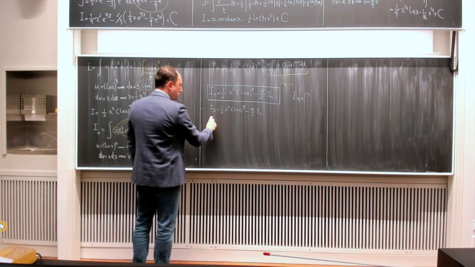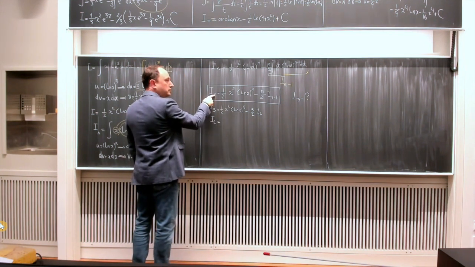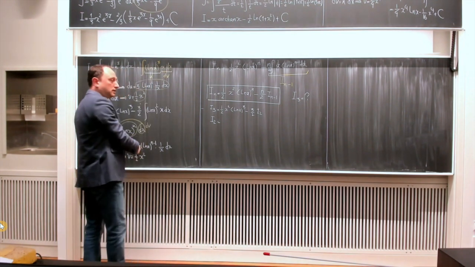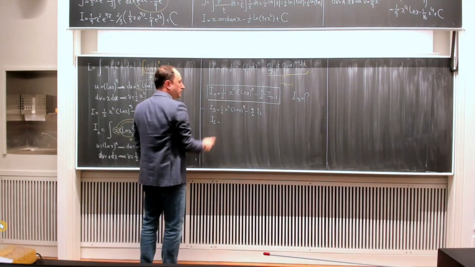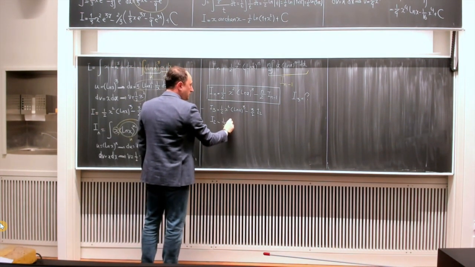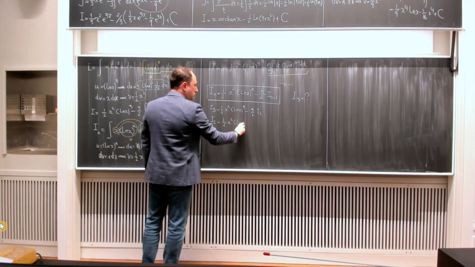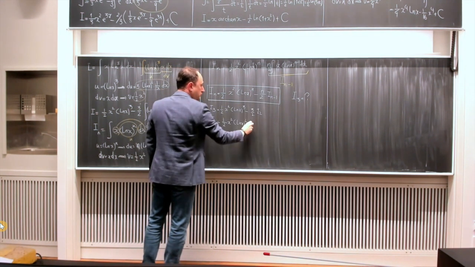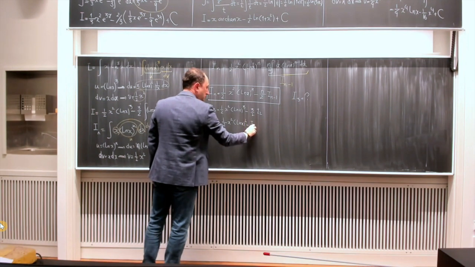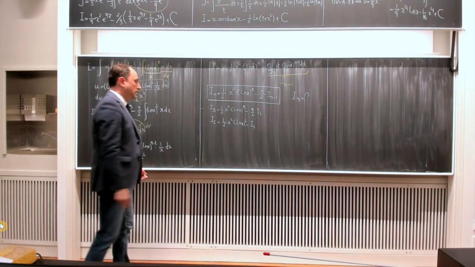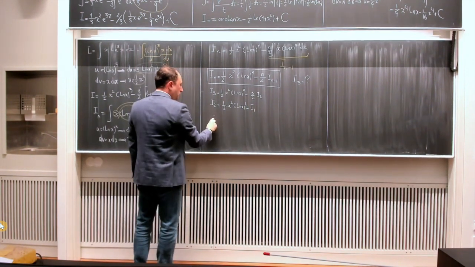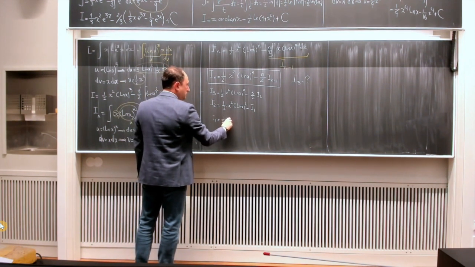But now if you ask me what is I2, I go back to the formula. Instead of redoing it again, I put 2 instead of n. So this becomes 1 over 2 x squared ln of x to power 2, minus 2 over 2, which is 1, times I1.